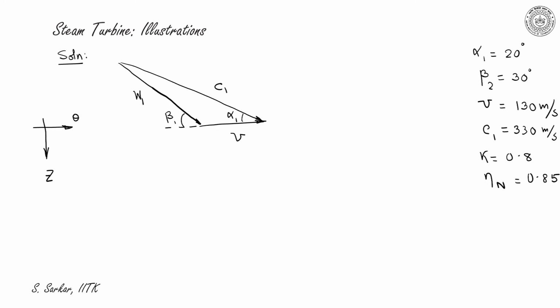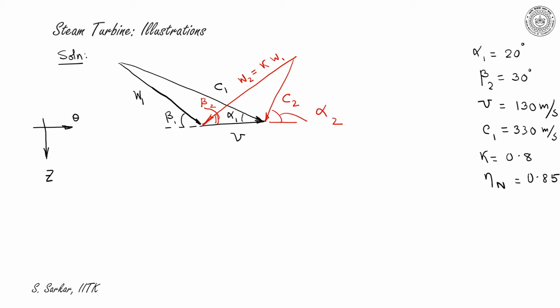After that, let me draw the exit velocity triangle. W2 here will be less than W1. So this is W2, which would be equal to K into W1, and this is C2. This angle is beta 2, and this angle is alpha 2.